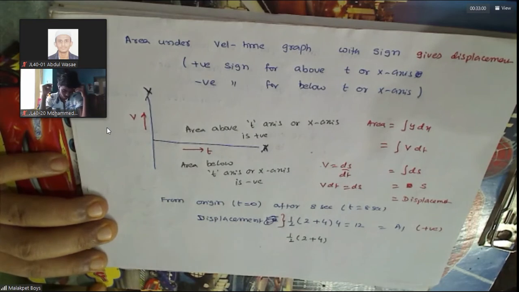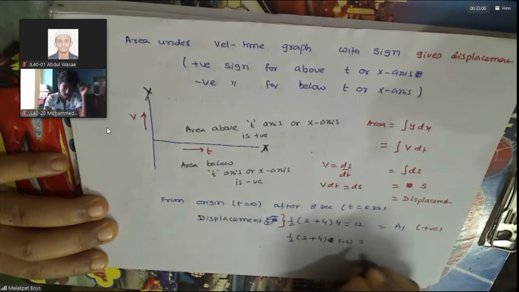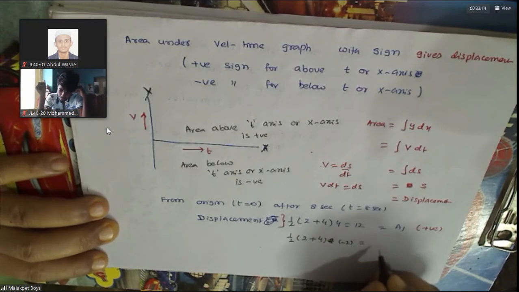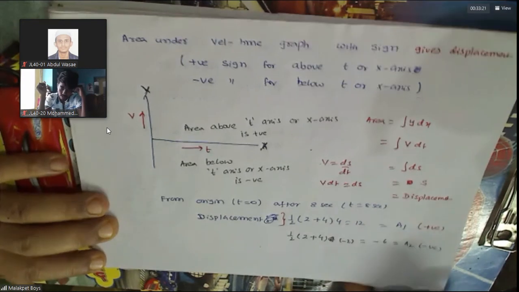Into the distance between them is how much? 2. Minus. So this is nothing but 3 minus 6. Am I right or not? Clear? This is nothing but negative one, no?